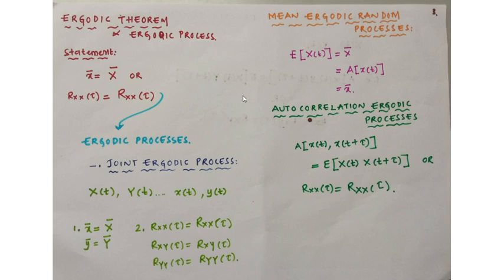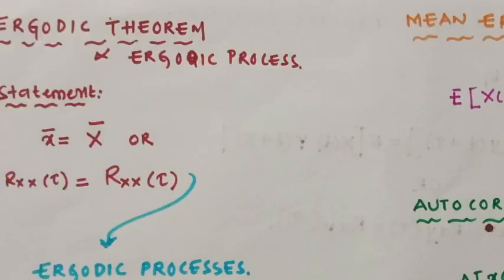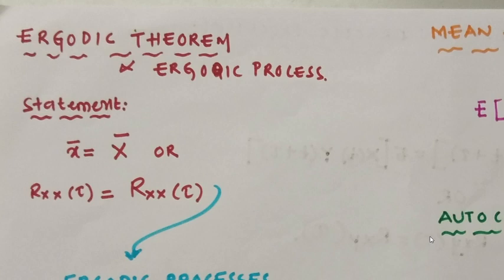I am going with the statement of the ergodic theorem. The ergodic theorem states that for any random process x of t, all the averages of the sample functions must be equal to the corresponding average values of the random process.